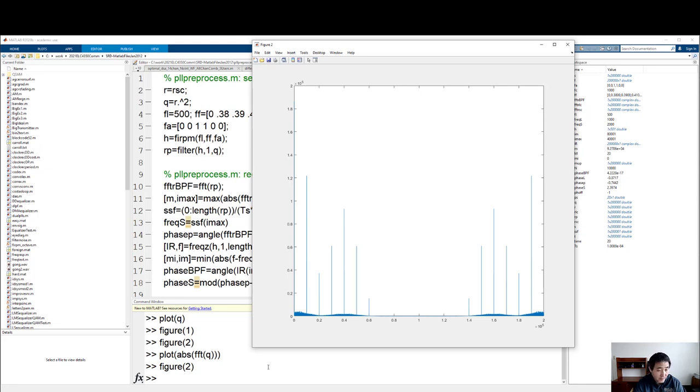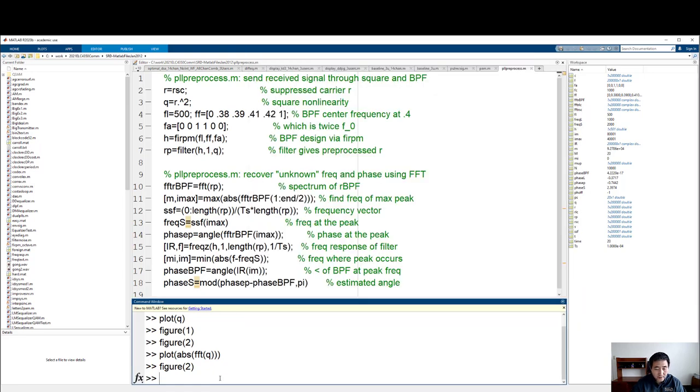Those few spikes correspond to very strong cosine signals, actually at 2fc and at fc, etc. And the signal S(t) in Q becomes quite small. Compare with the spectrum of capital R, the frequency spectrum of the squared signal, capital Q, has quite large cosine components.